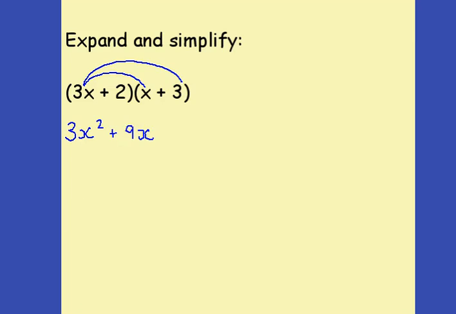We then multiply everything in the second bracket by the 2. 2 times x is 2x, and 2 times 3 is 6.